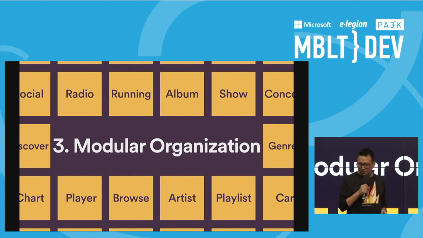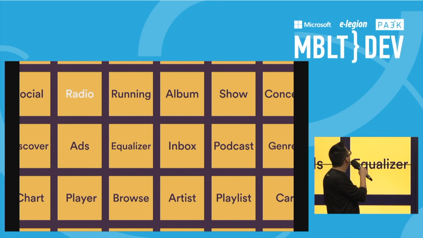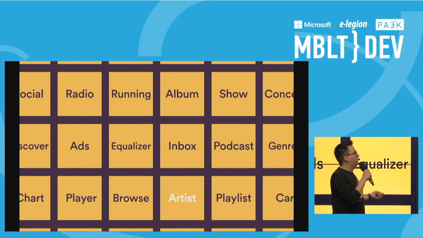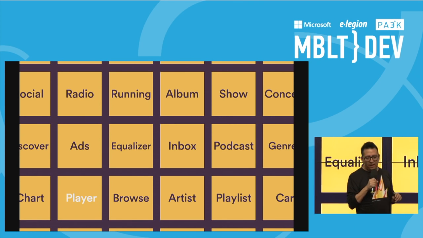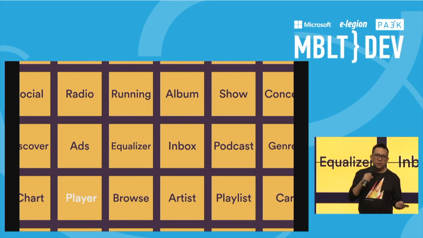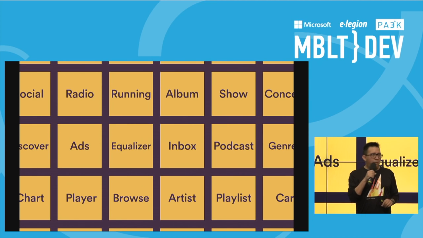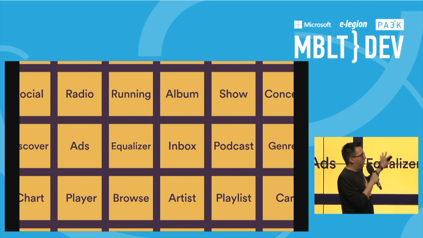We have all these features like radio or artist or the player, and they are all autonomous teams with their backend engineers, iOS, Android, QA, test, whatever. For iOS, they're completely autonomous. They can do anything by themselves.